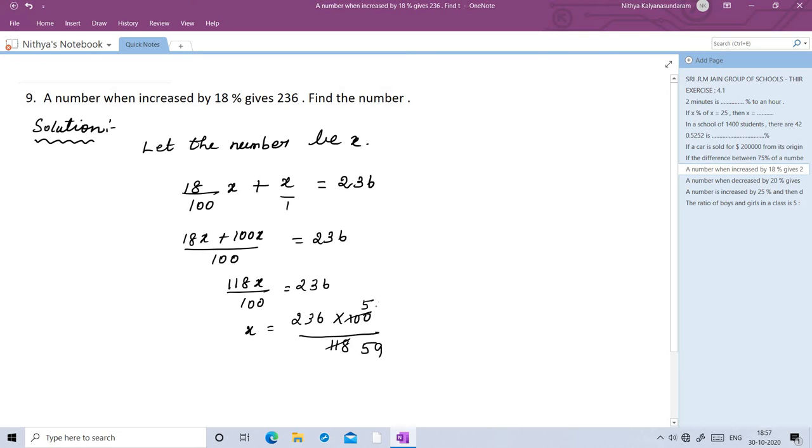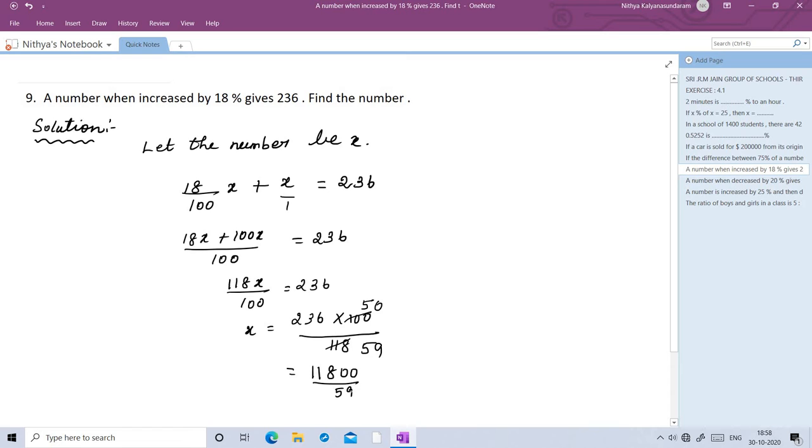5 twos are 10, 0. Then again, multiply 236 into 50, then divide by 59. Once you multiply, you will get 11,800 divided by 59.